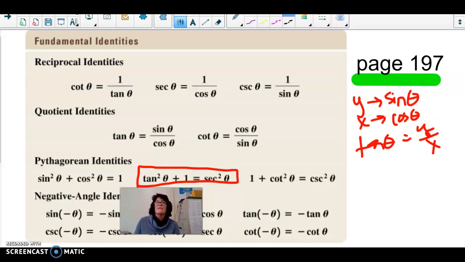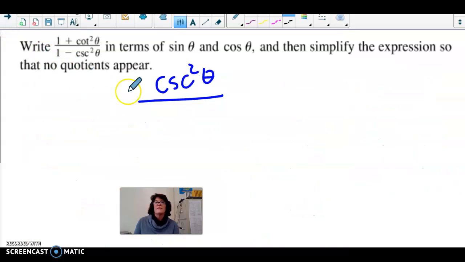Is that something? I can play with this. If I subtract cosecant squared over there, then that's going to equal negative cotangent squared. Do you see it? I subtracted cosecant, and then that's going to equal negative cotangent squared. So I could put that in there.